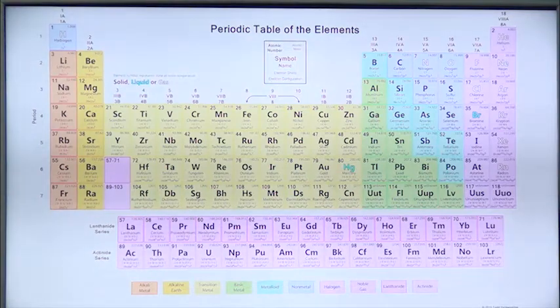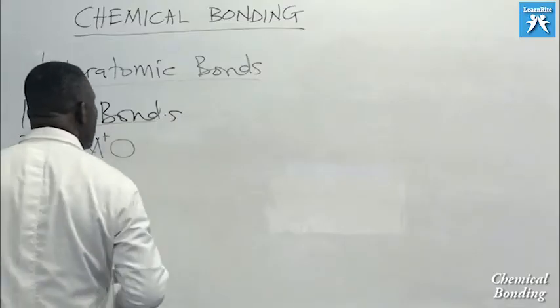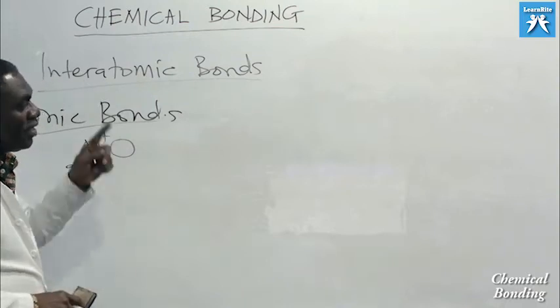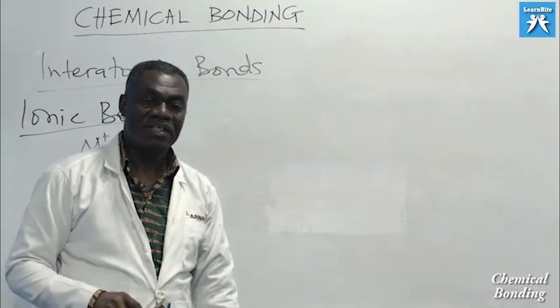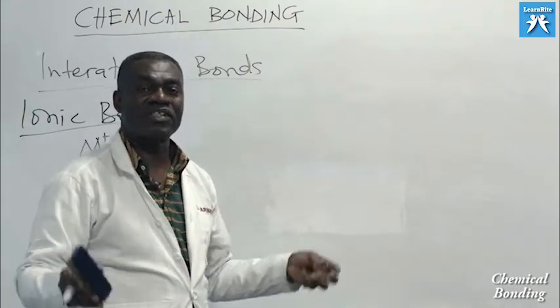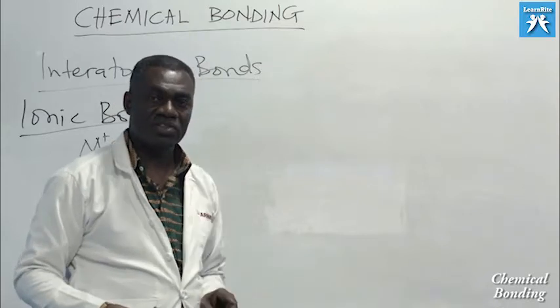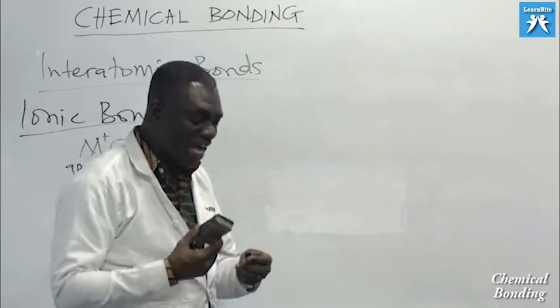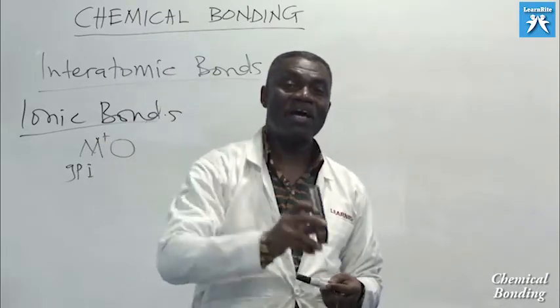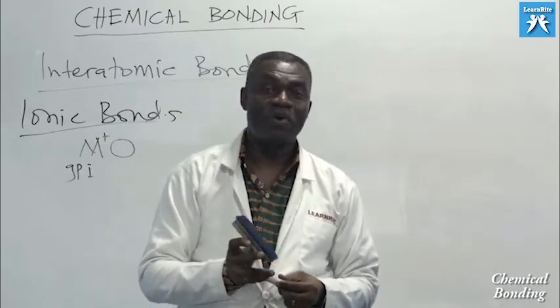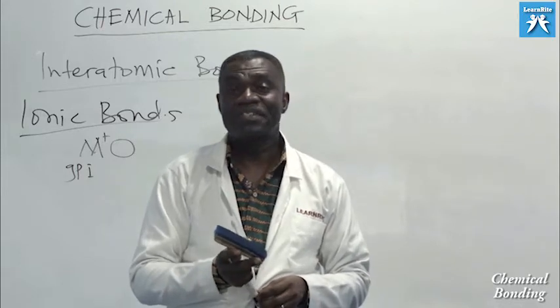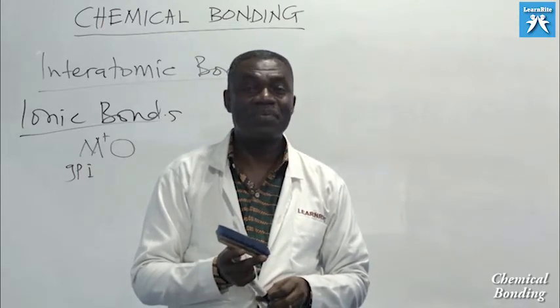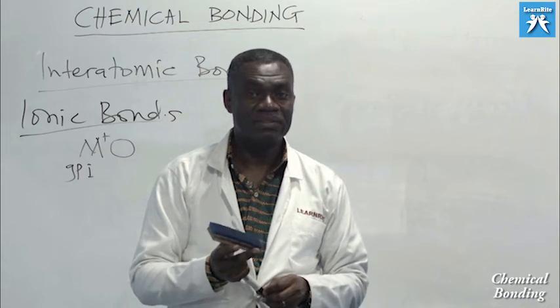So group 1, if I'm forming an ionic compound with oxygen, oxygen being group 6, how many electrons does it need to fill its octet? It needs 2 electrons. So a group 1 element cannot just come and donate its 1 electron and say, my brother, I've made you happy, so let's form a bond. It will tell you, no, after accepting that 1 electron, I'm not so happy because my octet is not filled.